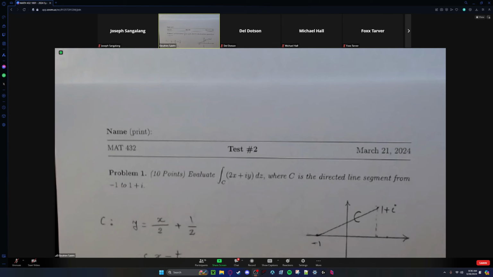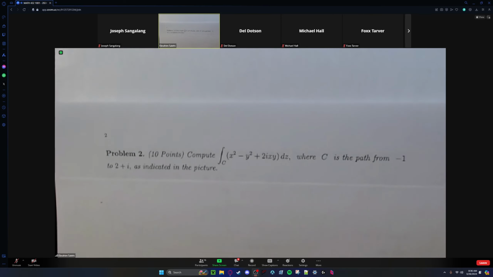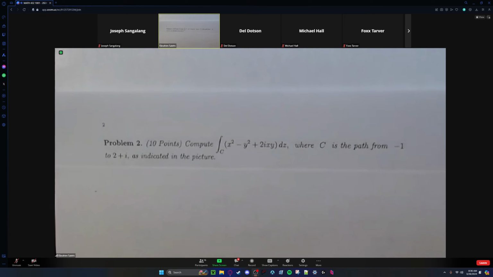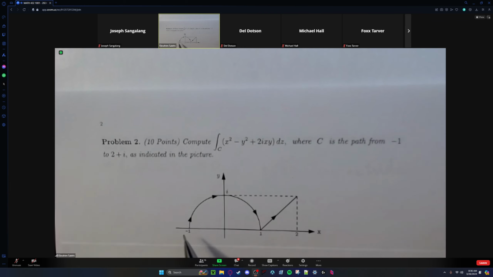Number 2, you want to integrate this function, okay? This function looks pretty nasty over this curve. The curve starts from here, goes all the way along the circle up to here, then all the way from a straight line going to this point.